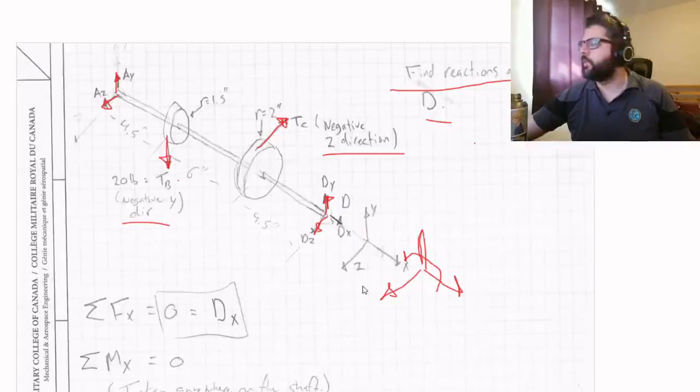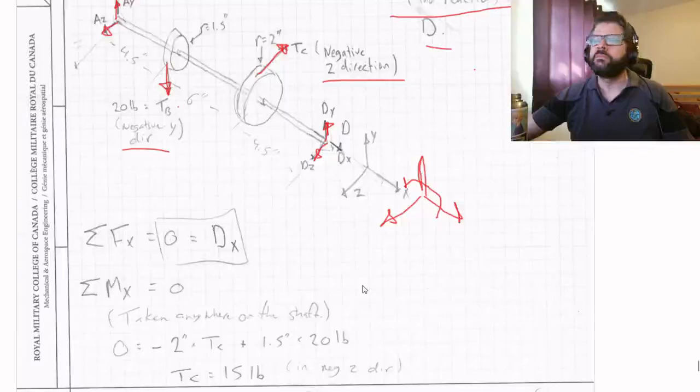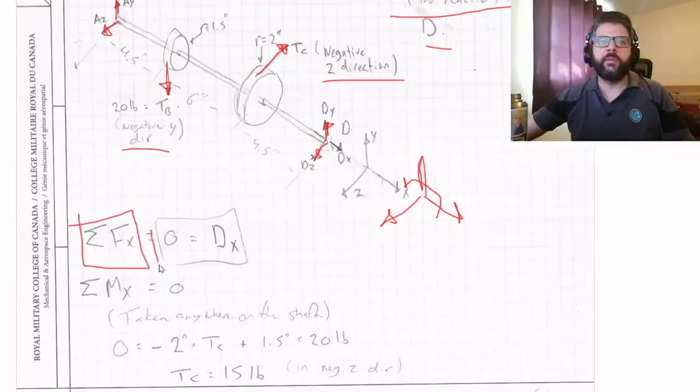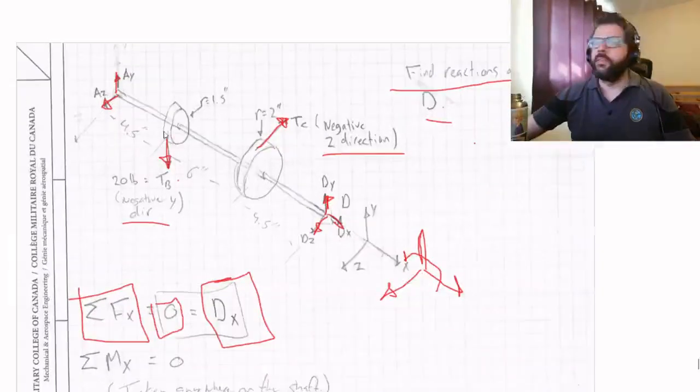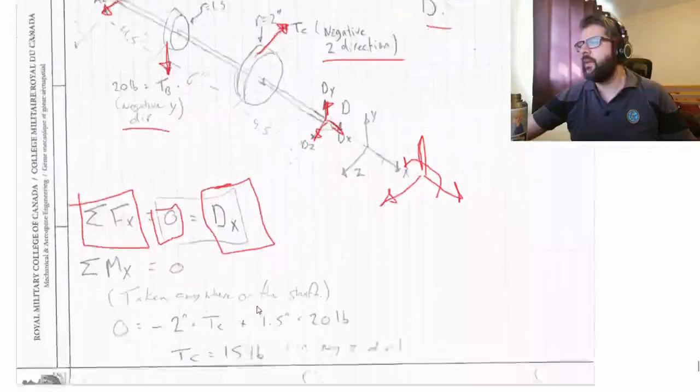So solving for the forces, the first one's easy. Sum of the forces in the X direction equals 0. The only one acting in the X direction is DX, so that is 0. That's why we stated that AX is 0, so we could solve for DX as 0.